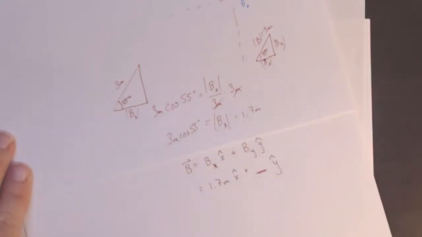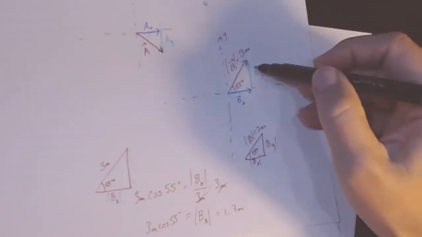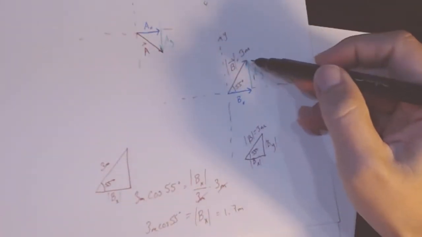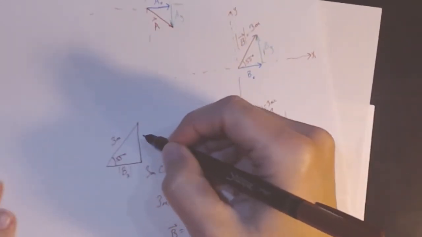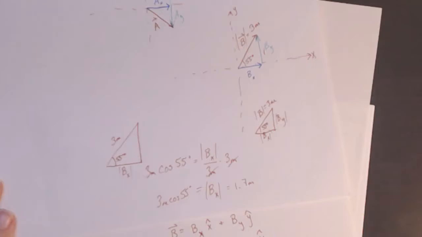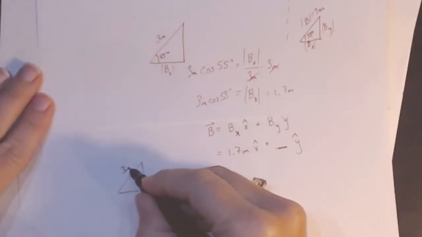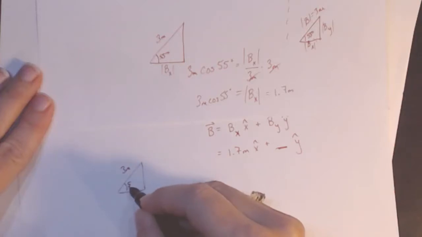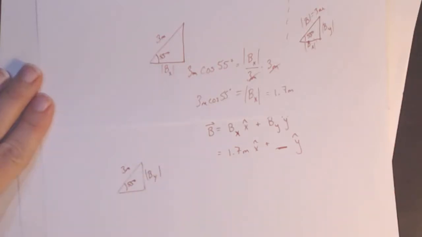I need my y component. That's the side of the triangle that is parallel to the y direction, so I'm solving for this side now. I'll redraw this so that it's not so cluttered. It was 3 meters and 55 degrees, and I'm interested in By as a positive value.